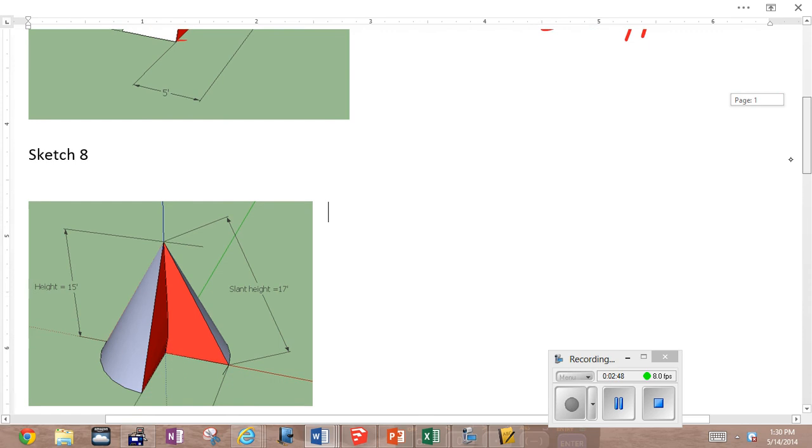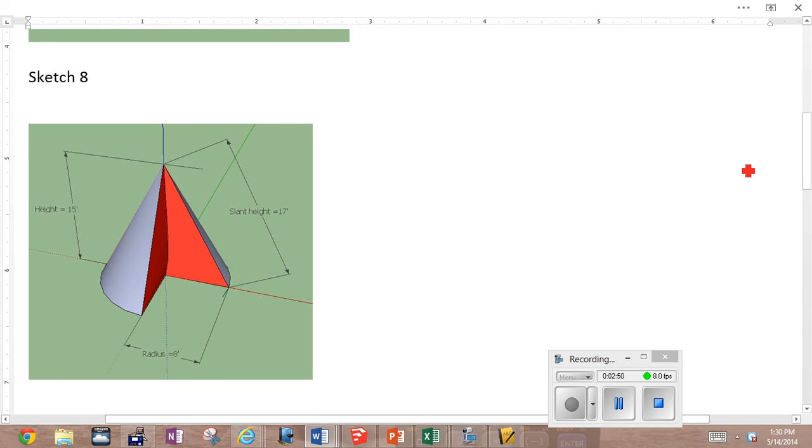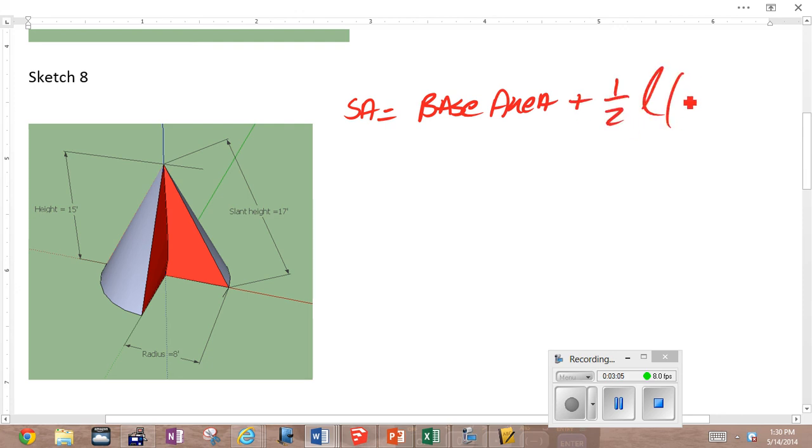Let's look at this cone. Again, same formula. Surface area is base area plus 1/2 the slant height times the perimeter.